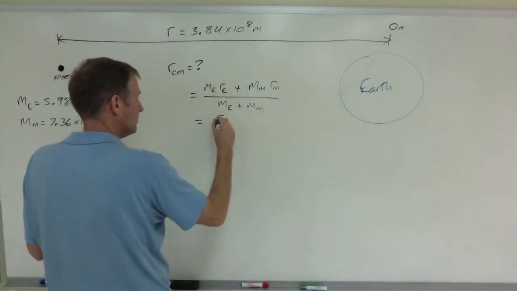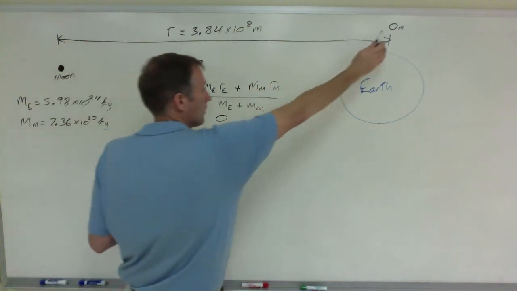Again, this is 0 right here because R is equal to 0 for the Earth.